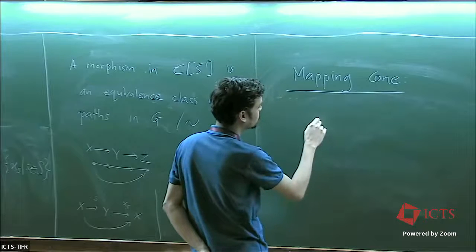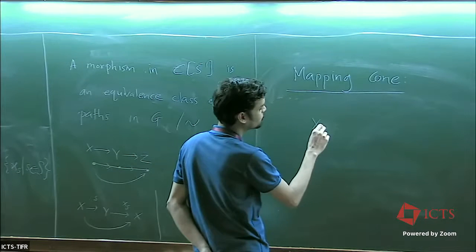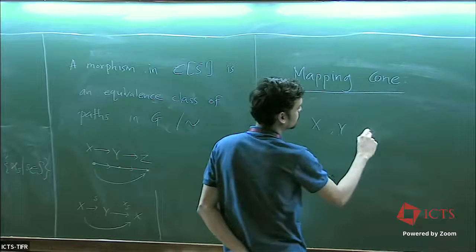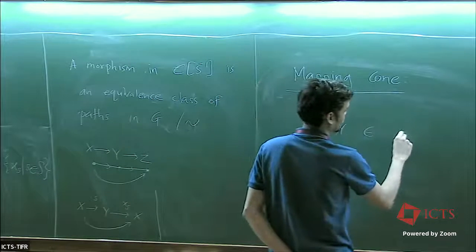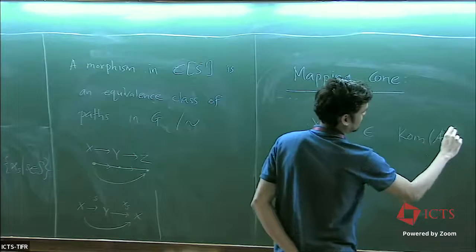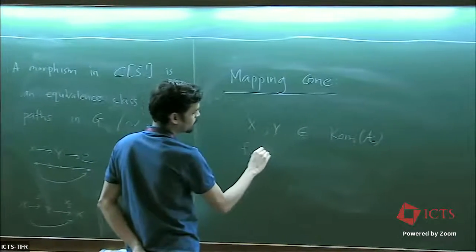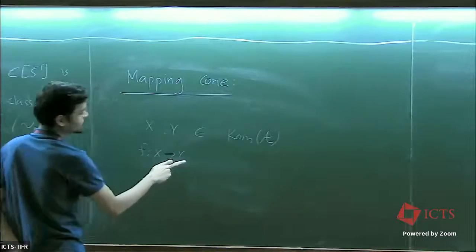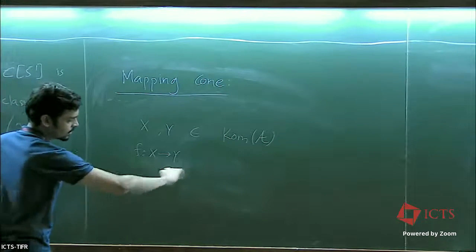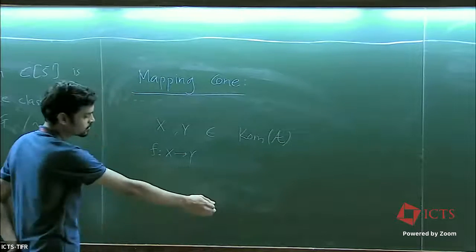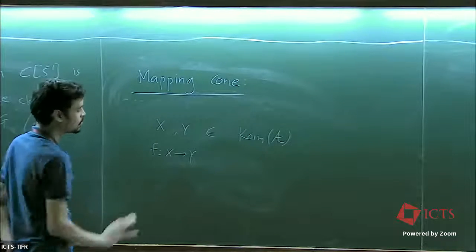So what is a mapping cone? Suppose I have two complexes, X and Y, and let's say we have a map of complexes f between X and Y. Think of X as a horizontal complex and Y as a complex below it, and you have vertical maps. That's what this is.